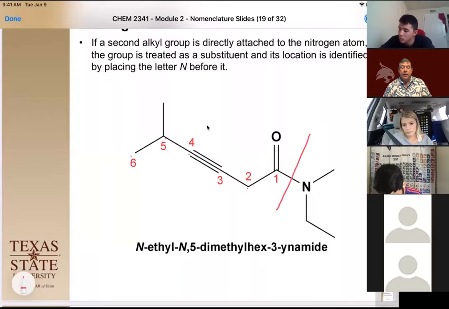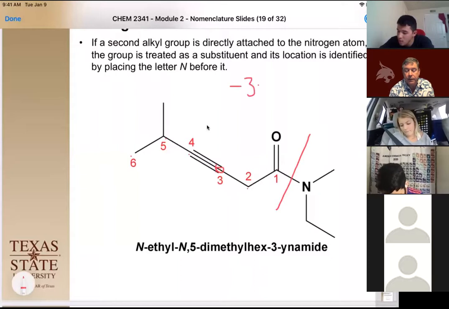So it'd be hexanoic acid, but oh wait, we have a triple bond. We have to make sure we add our infix, and it's on the 3 carbon, so it's going to be 3-ene, because it's a triple bond, 3-ene, right there.